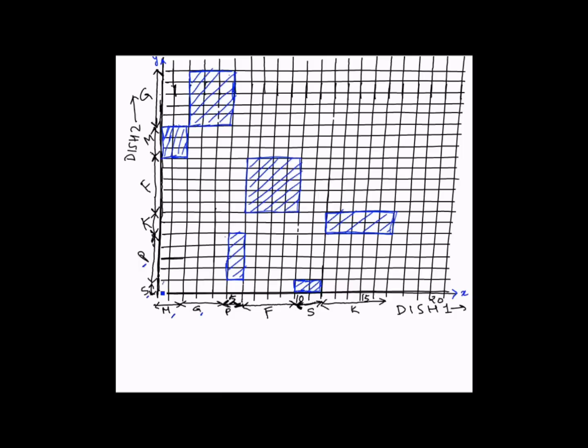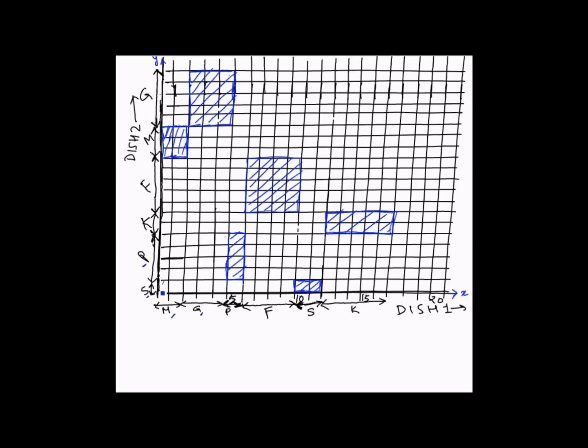So the rectangle represents that you are using the same equipment for both the dishes, which we want to avoid. And the line at 45-degree angle represents that the two dishes are being made simultaneously using different equipment. The horizontal movement would mean that dish 1 is being prepared while dish 2 is waiting.